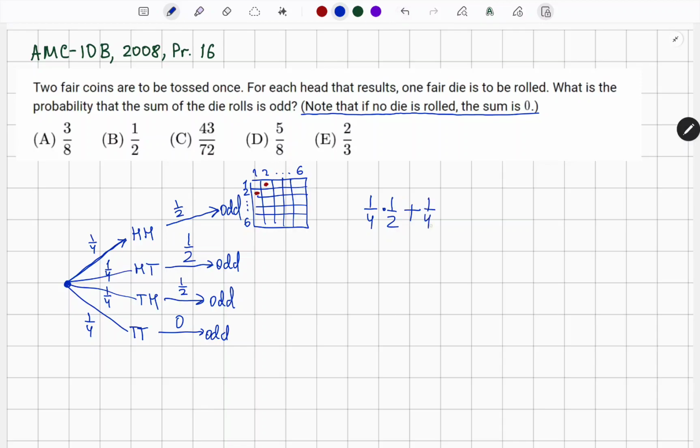Its probability is 1/4 times 1/2 again, plus the third possibility, here it is, 1/4 times 1/2, plus the last possibility has zero chance, 1/4 times 0. So it's 3/8. It's choice A. That's it.